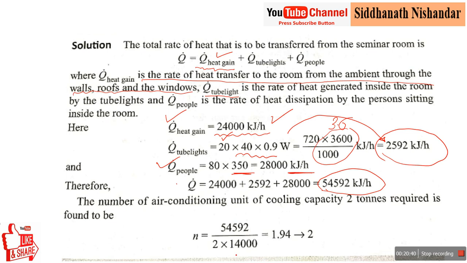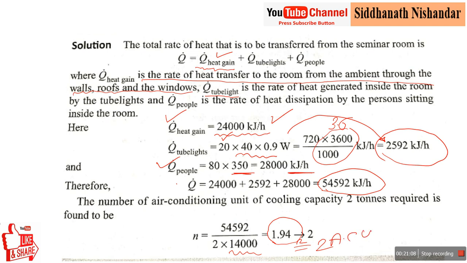Each ton absorbs heat of around 14,000. So for the capacity of 2 ton AC, we divide the total Q by 2 times 14,000, and we get the number of ACs as 1.94. So we have to install approximately 2 ACs.